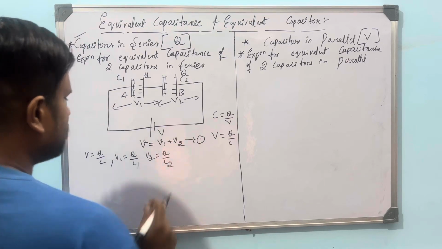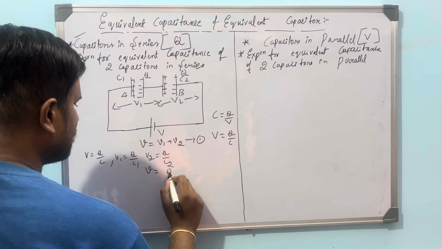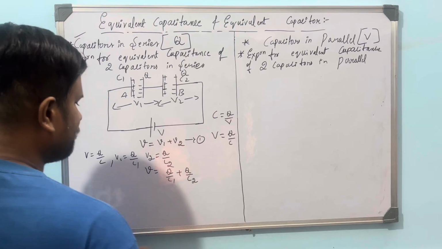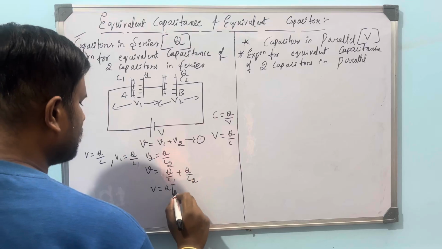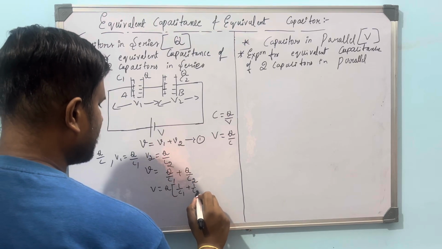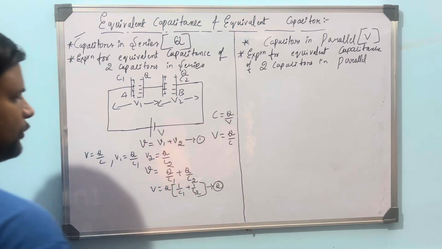Now substitute: V equals V1 plus V2, which is Q divided by C1 plus Q divided by C2. Q is common, so the remaining terms are 1 by C1 plus 1 by C2. Call this equation 2.